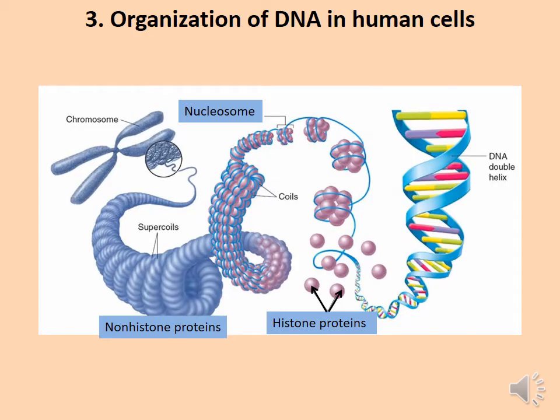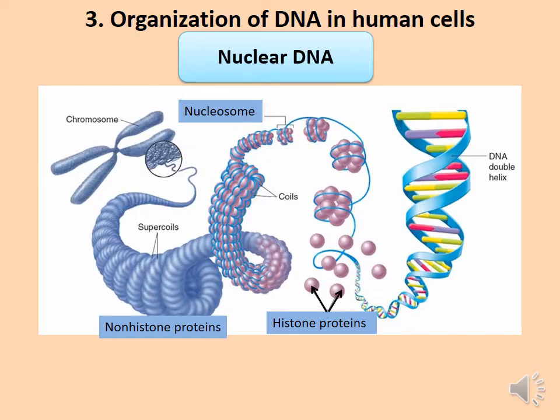Then, let's see how DNA is organized within our cells. As we discussed earlier, most of the DNA in our cells is found within the nucleus. Therefore, let's first discuss how nuclear DNA is organized.